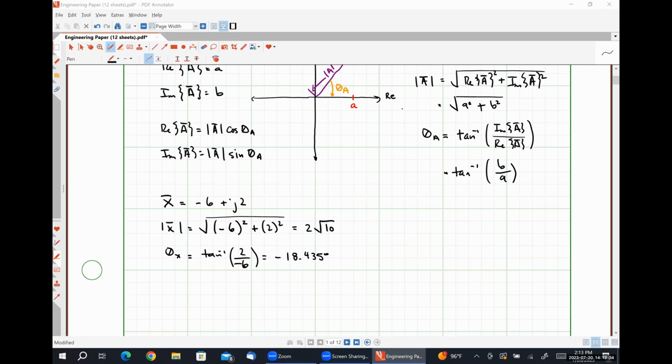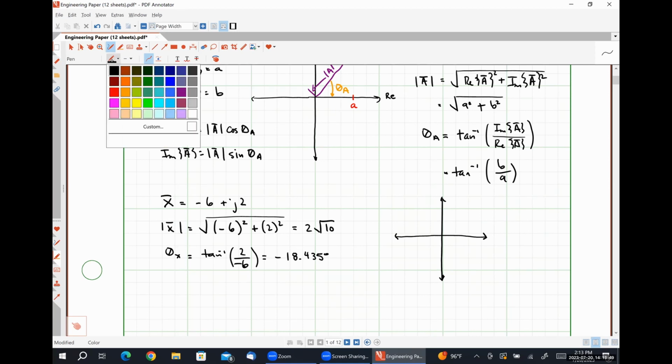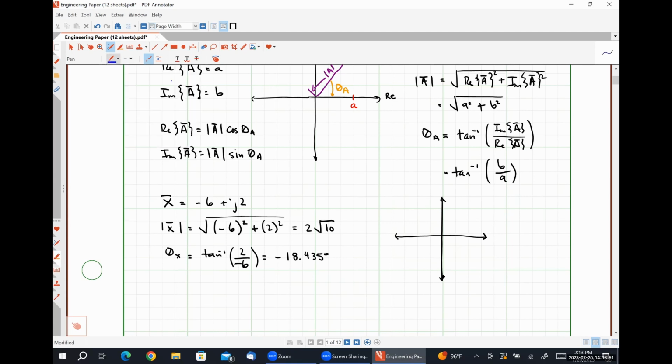So let me draw this out, kind of explain things here. So if I go -6 out and then 2 up, that line isn't straight enough for me.